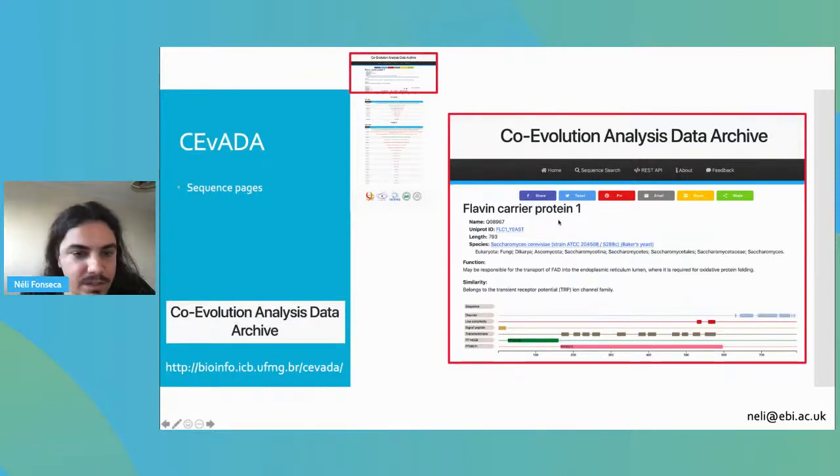Here you can see some basic information about the protein. These are collected from UniProt and Pfam. We also show the location of functional features like disordered regions, low complexity, signal peptide, transmembrane, and the Pfam domains that are mapped to CEvADA with a link to the page.